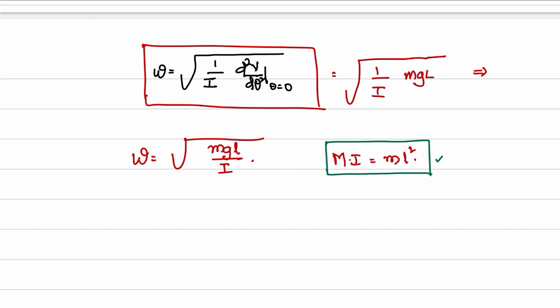Please replace this value here. Then omega is equal to square root of mgl by ml square, that is equal to square root of g by l.